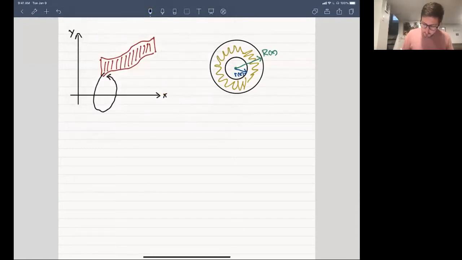And so what this means is that the cross-sectional area in this case is going to be pi times capital R of x squared. So that's the large circle. And then we punch out the small circle in the center, with radius little r of x squared.